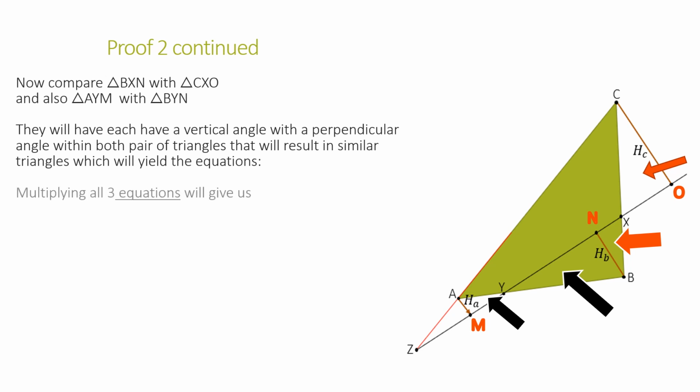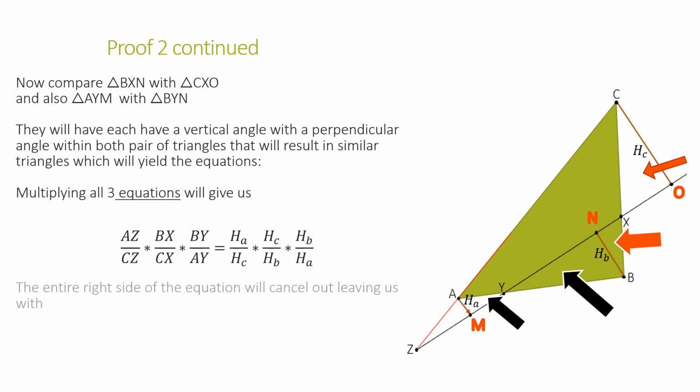You will get the same equation, and multiplying all three equations together will give us AZ over CZ multiplied by BX over CX multiplied by BY over AY equal to the height of A over height of C times height of C over height of B times height of B over height of A. Now the entire right side of the equation can cancel out, leaving us with 1.